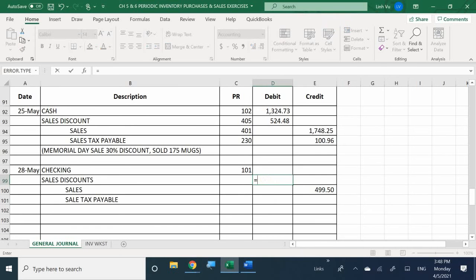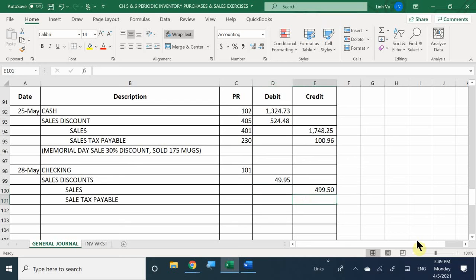So here we could go ahead and find out what 10% of $499.50 is. $49.95. Okay, good.